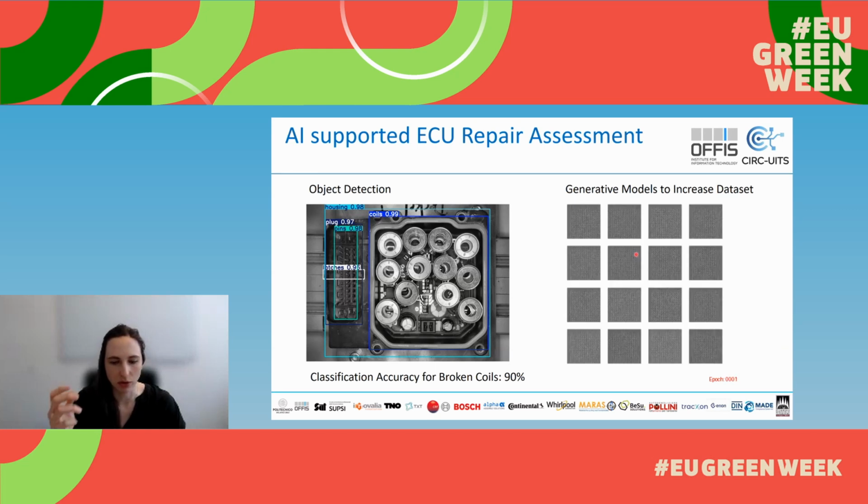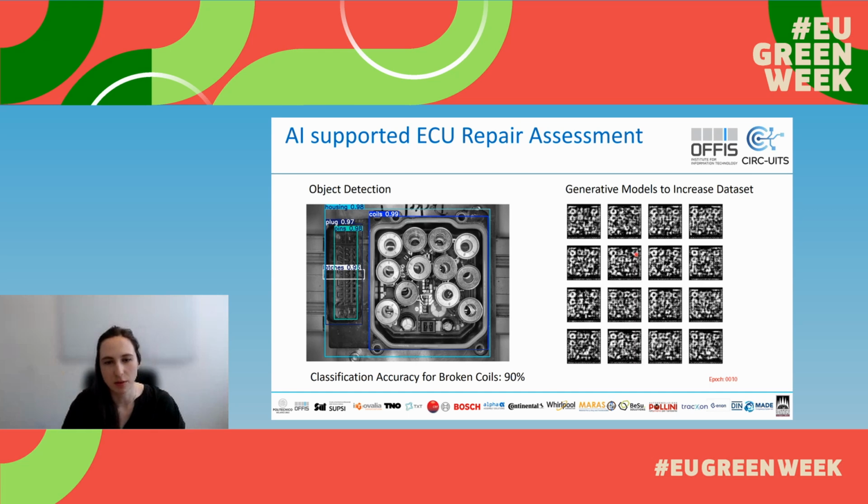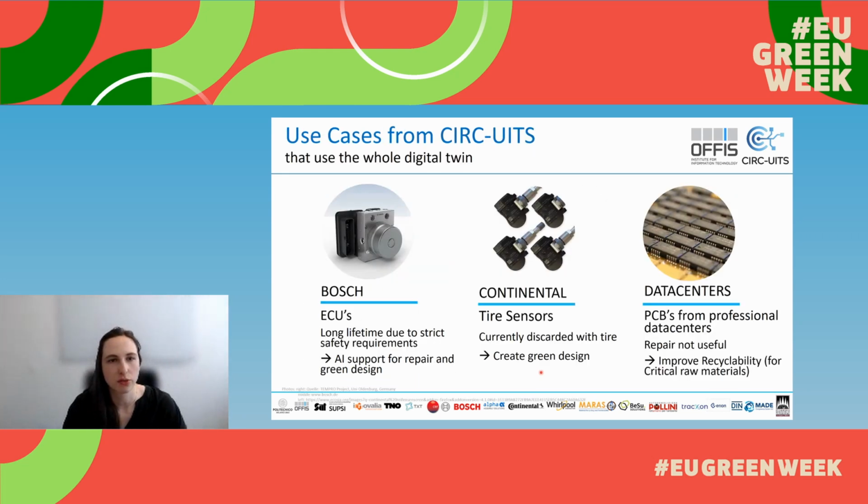If we just rolled a dice or flipped a coin, we would actually be better than with our previous algorithm. So that's why we created this generative model. We increased our data set by a lot, and now we have a classification accuracy of 90%. So that's really good.